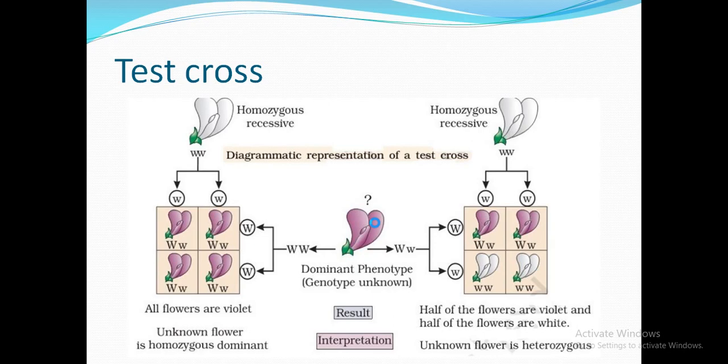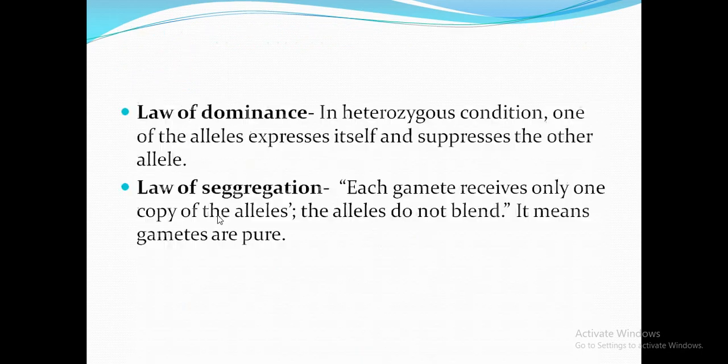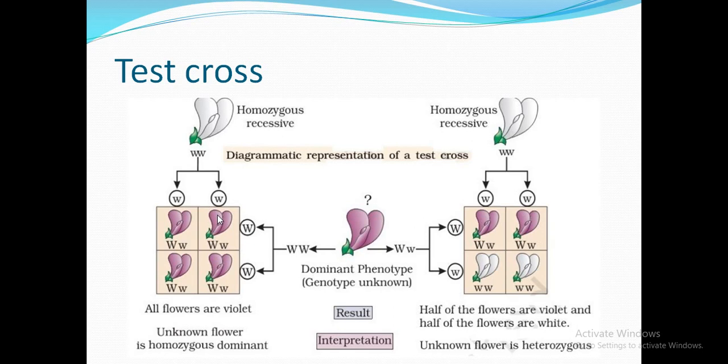Here you can see that a homozygous dominant plant is tall, and heterozygous plants are also tall. So if there is a tall plant, we don't know whether it is homozygous dominant or heterozygous. So to determine whether the F1 plant showing the dominant phenotype is heterozygous or homozygous, we conduct a test cross.